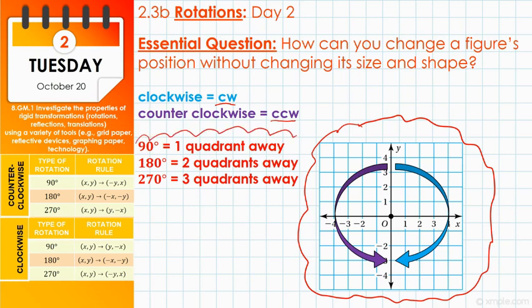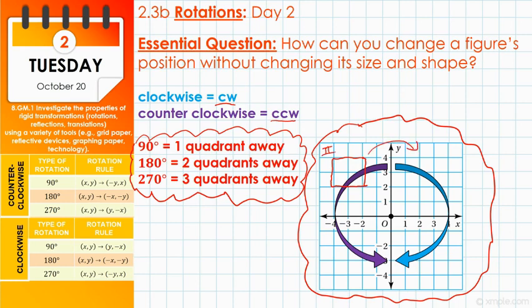Reminder from yesterday: when we see a 90-degree rotation, remember that that is simply telling us it is one quadrant away. You don't need to copy this, but if you have a figure that is in quadrant 2, remember 90 degrees can go either way.